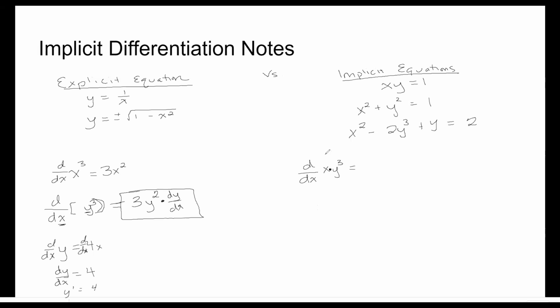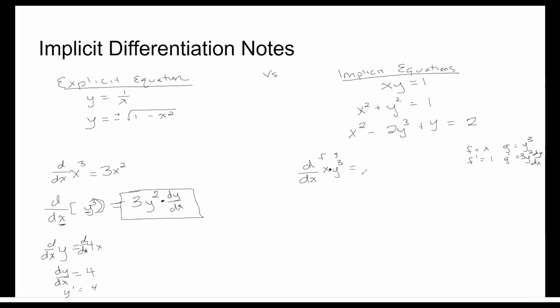So I'm going to come off on the side and say, okay, this is f and this is g. f is equal to x, f prime is equal to 1. g is equal to y cubed. Again, I'm taking the derivative with respect to x, so g prime, we did this over here, is going to be 3y squared dy/dx.